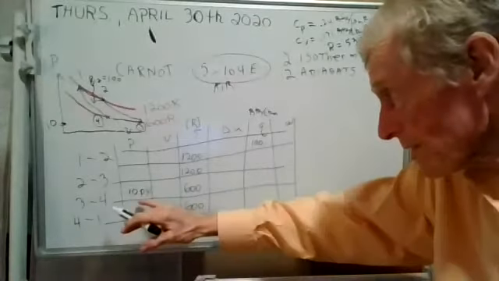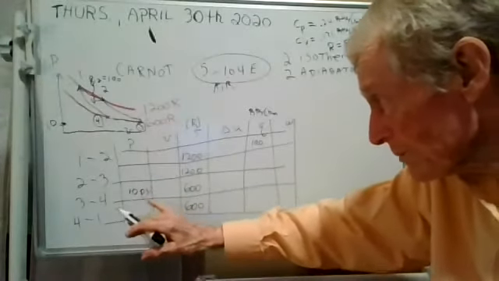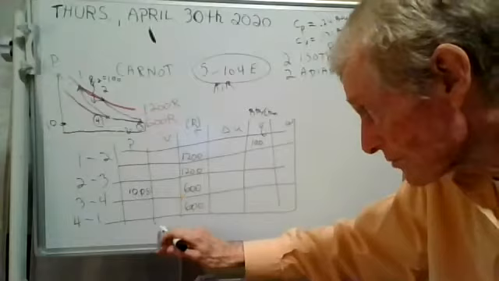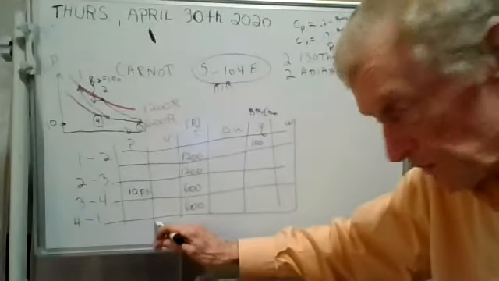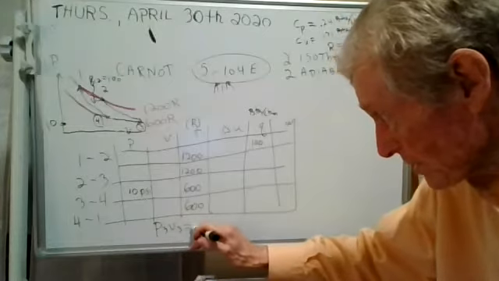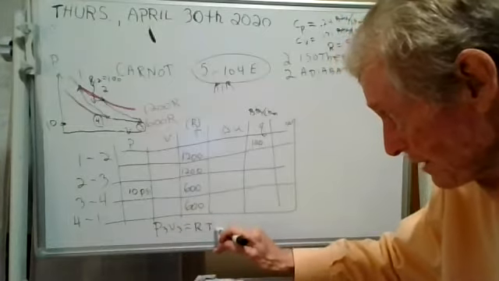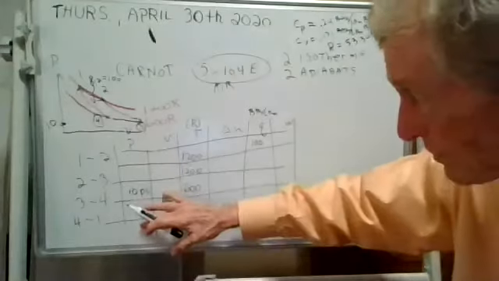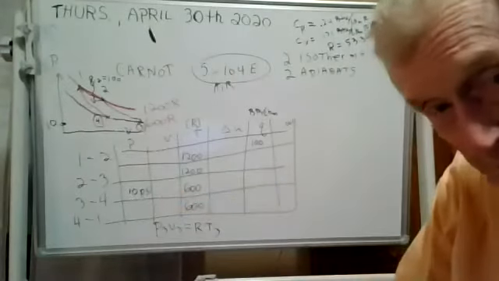Hey, look at here. P3V3 equals RT3. I don't know if you can see this, but P3V3 is equal to RT3. We should be able to get V3.